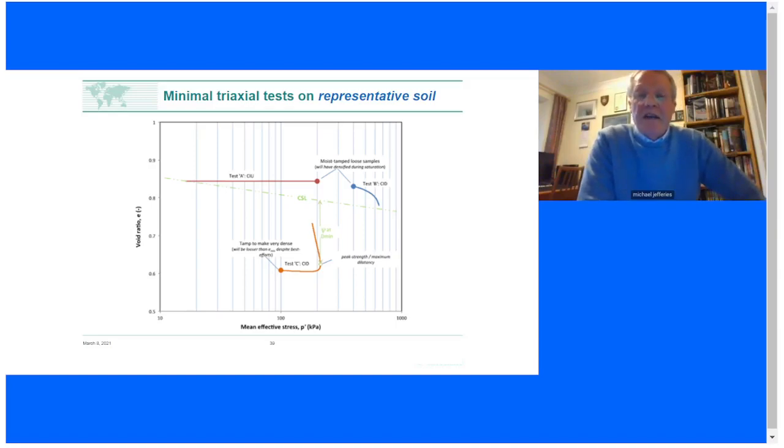And what you're looking at here is a minimal set of testing to define critical state properties. And I've highlighted in the top right, it has to be on a representative soil. What we're going to do is determine the properties, because bear in mind the offer of critical state soil mechanics is explaining how void ratio affects mechanical behavior. To calibrate such a framework, you have to test over a range of void ratios.